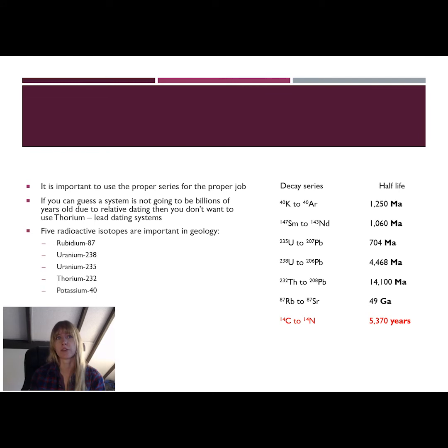Potassium-40 goes to argon-40, and it takes about 1,250 million years, or 1.25 billion. And then you have samarium-neodymium, uranium-lead, uranium-lead, thorium-lead, rubidium-strontium, and carbon-14 to nitrogen-14. And all of these will have varying age dates, which is neat.